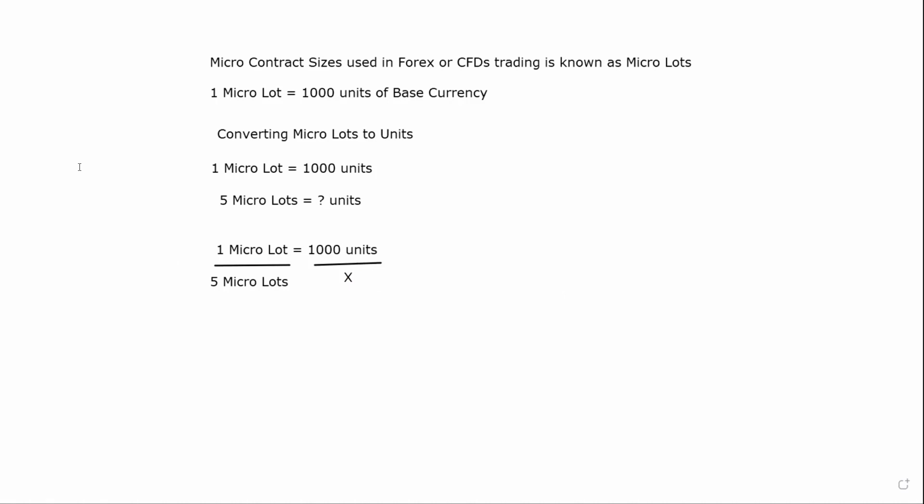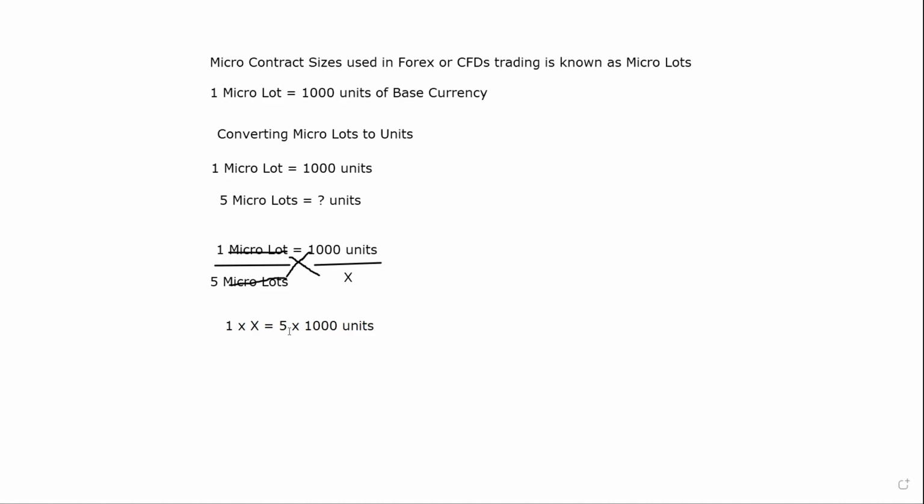Okay, after placing the variable x, it's very simple. We're going to apply the rules of division. So lots will cancel out with lots. Okay, and now we will perform cross multiplication. All right, and what answer will we get? 1 into x is equal to 5 into 1,000 units.